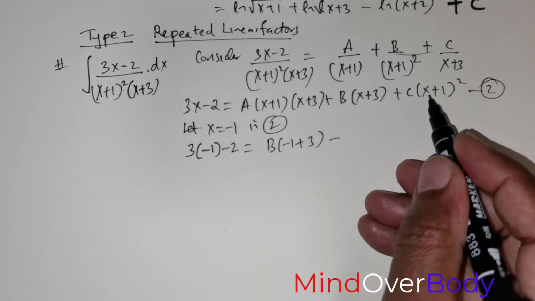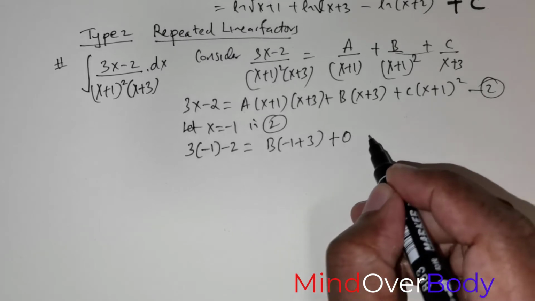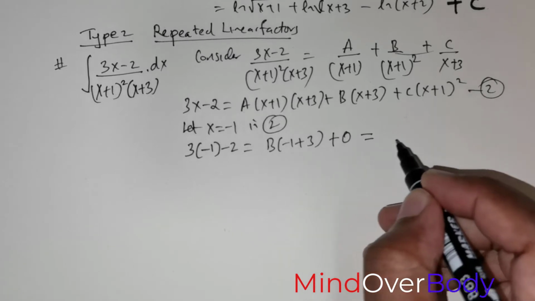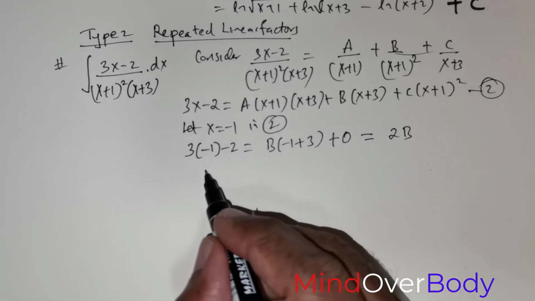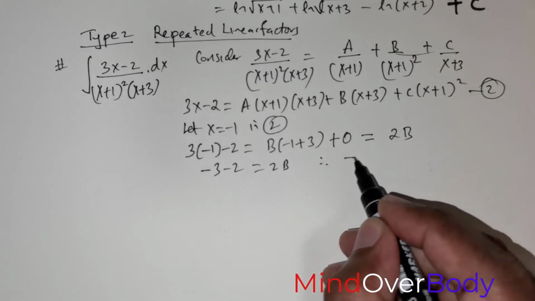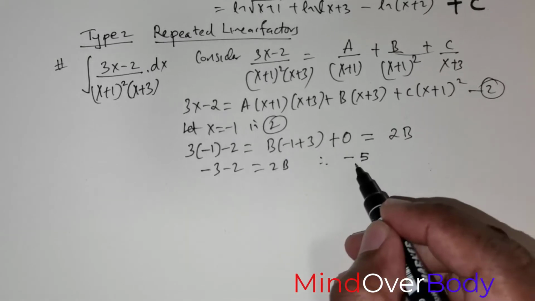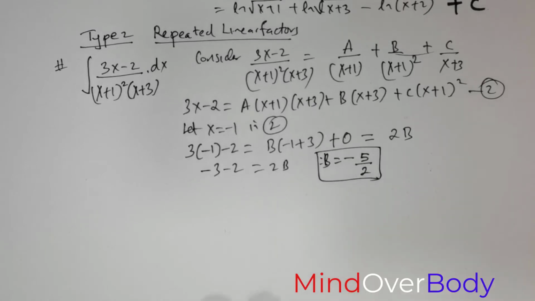Of course, this other term is going to be 0 when x is equal to negative 1. So I can rewrite this as 2 times b. On the left hand side, it's going to be negative 3 negative 2, which is equal to 2 times b. Therefore, you get negative 5 over 2 is equal to b. So the value of b is negative 5 over 2.